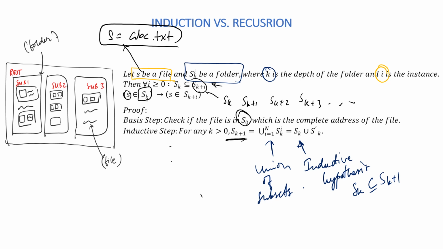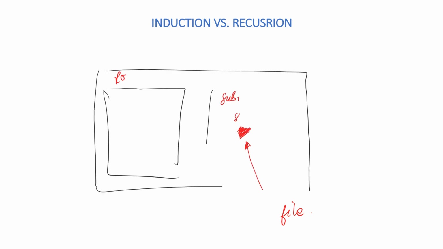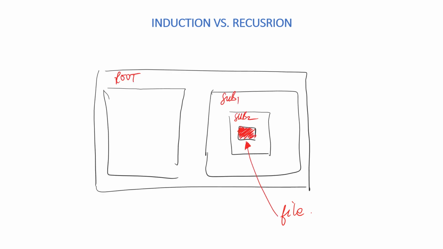So we can see that S of k plus 1 here contains S of k. And if S of k contains the file, then S of k plus 1 thereby contains the file, and so on. Just coming to the last couple of slides. Sorry, this has been a bit long. So what induction essentially does is we go from inside to outside.